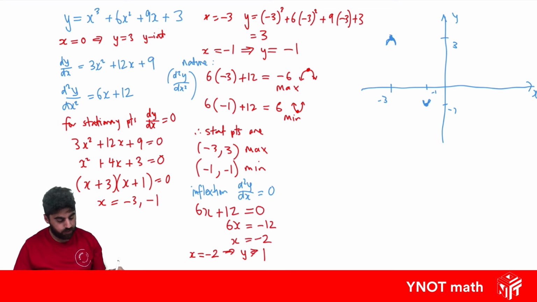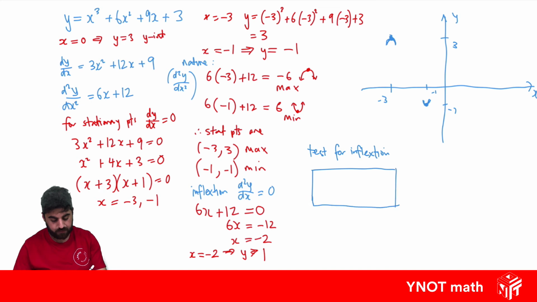But for any point of inflection, we need to always test to see if the concavity changes across, and we use our table to do that. So now we're going to test for the inflection. We'll make our table, and we want to check on either side of our inflection point what's actually happening in our second derivative.